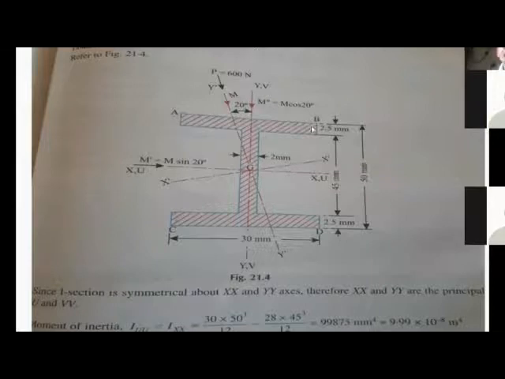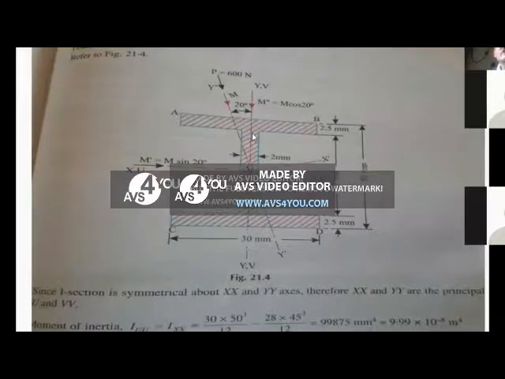Now coming to point B, it is above the UU axis, so you get tensile stress. It is to the right of the VV axis, and right of VV means compressive nature. Left of VV is tensile, right of VV is compressive.